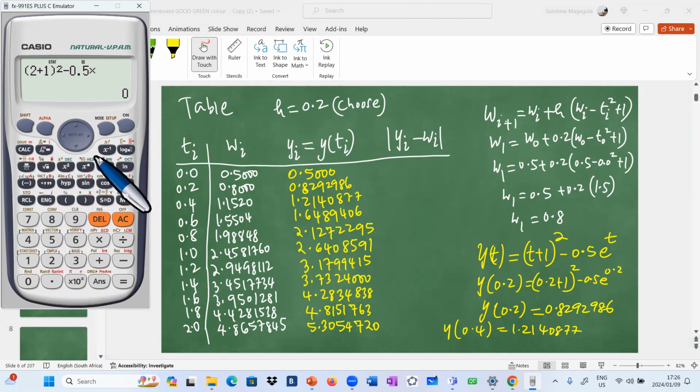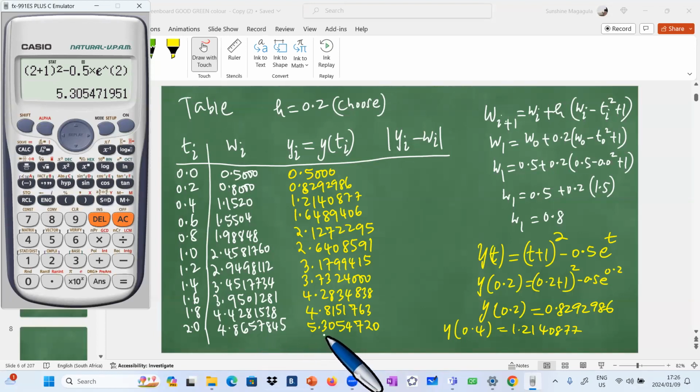Let me just see which one would be the best E symbol. You can use this one, but normally there is a standard exponential. This is the standard exponential. Yeah, this one. Okay, Shift E, and then you put the 2, like so, and then you close. Okay, and then now you have that.